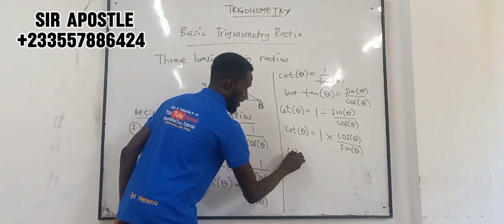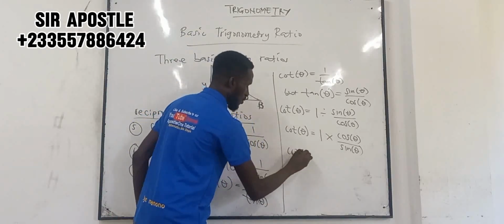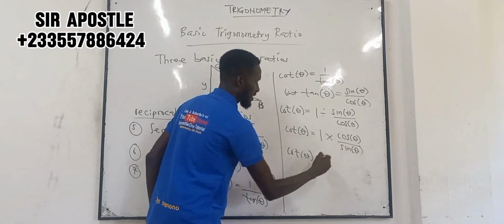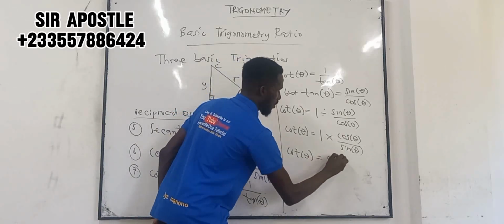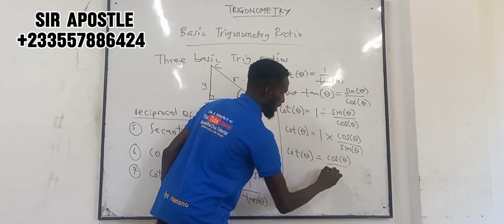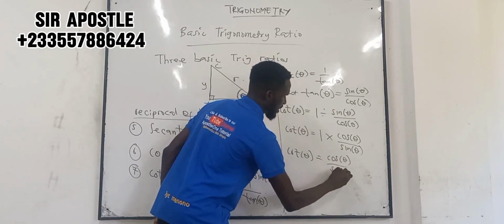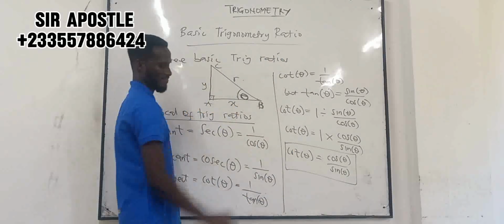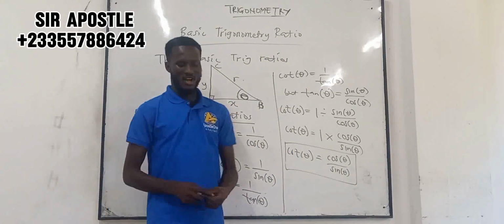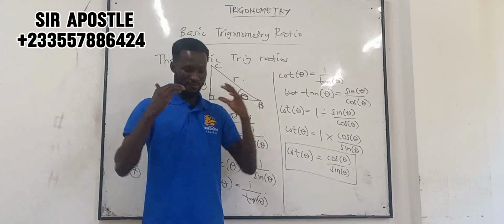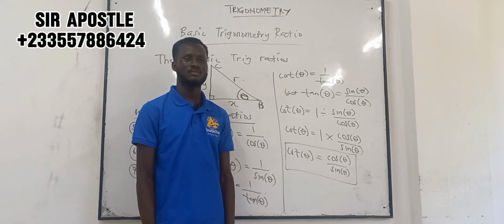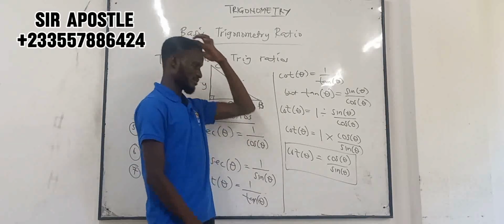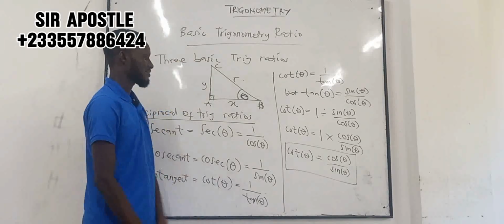So finally 1 times cos theta over sine theta will give us cos theta divided by sine theta. I hope it is very clear. This is very, very simple.